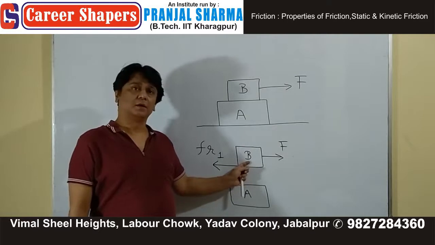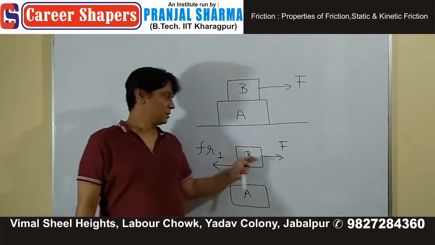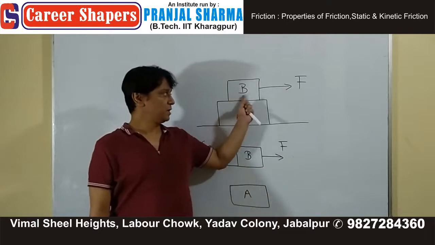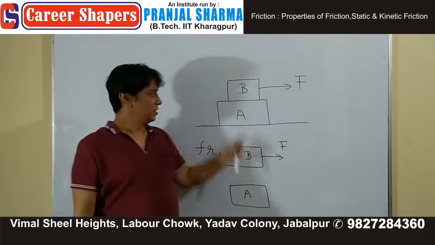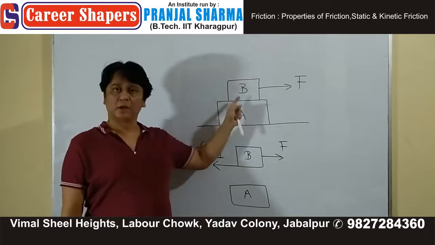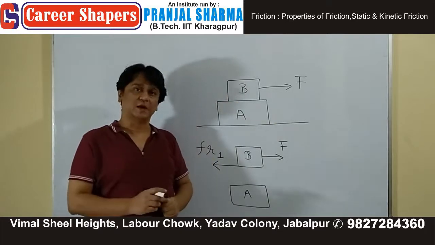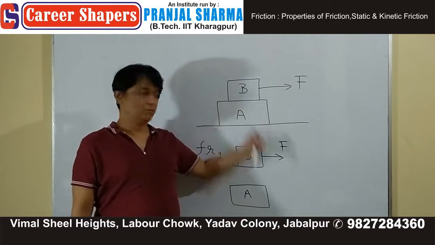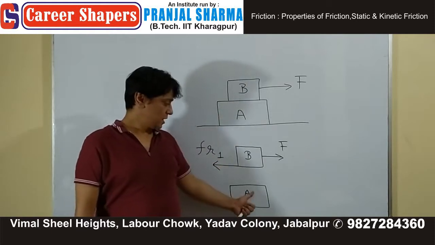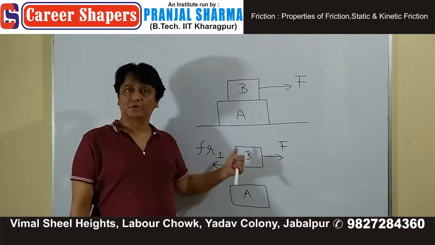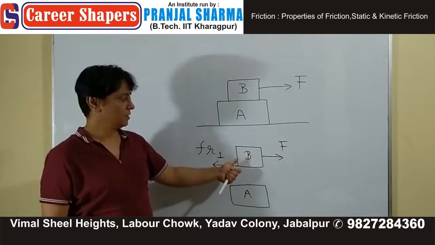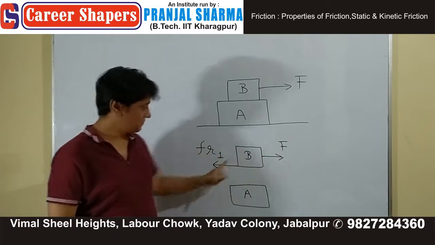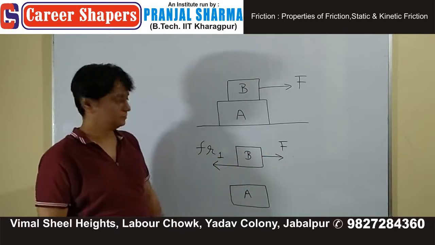You're pulling B east. Since you are pulling B east, friction between A and B is going to oppose this relative motion. To oppose relative motion, A exerts a frictional force on B, and this frictional force opposes F like this.